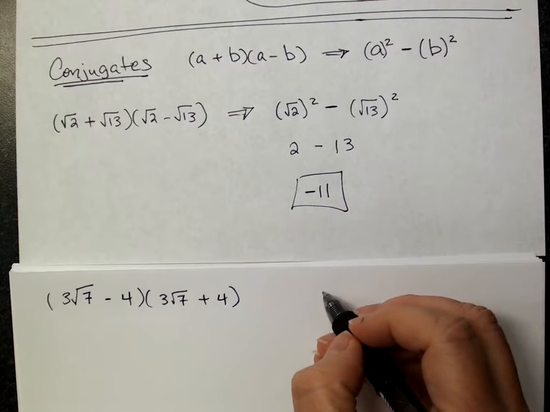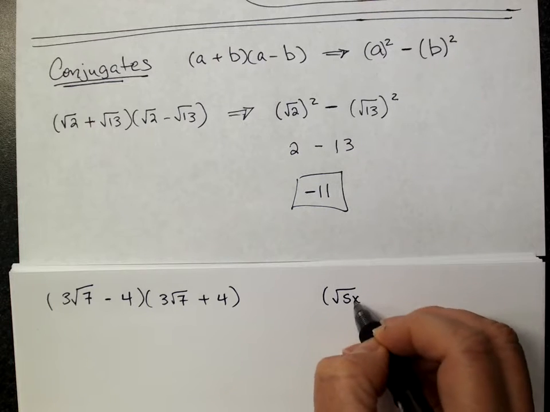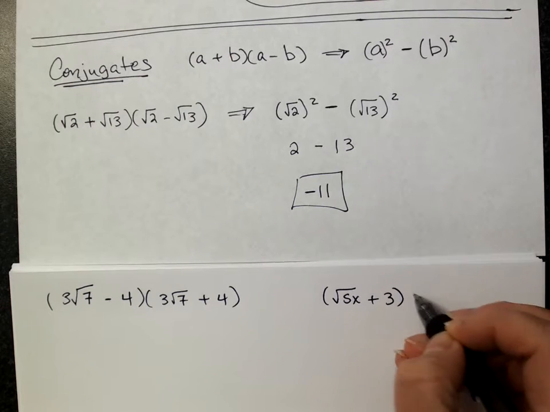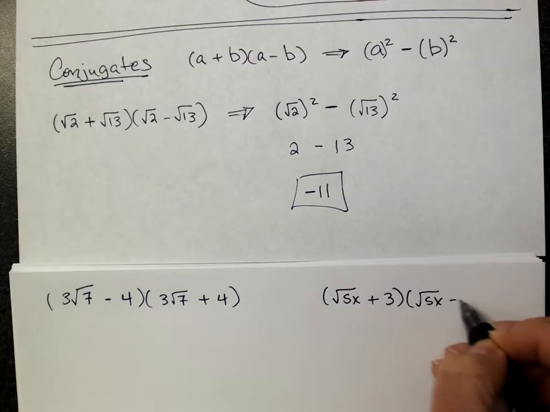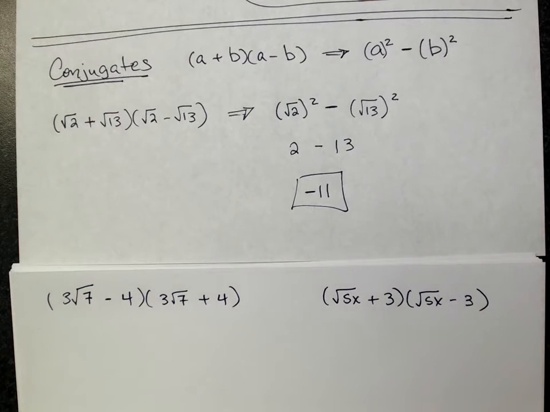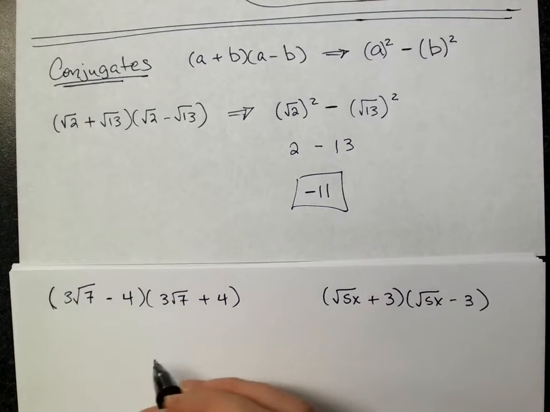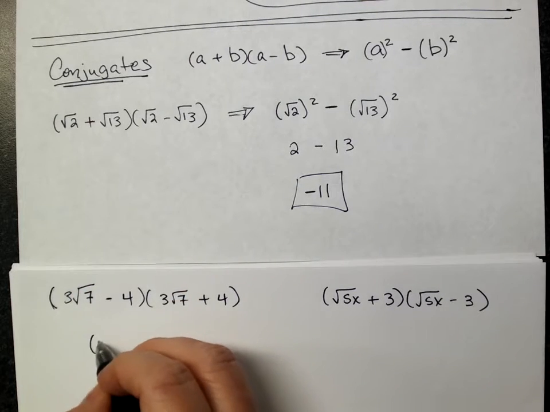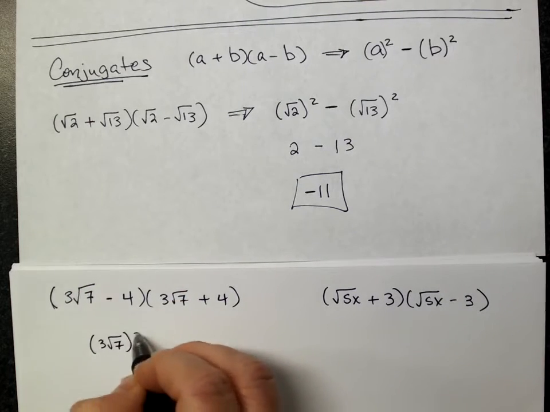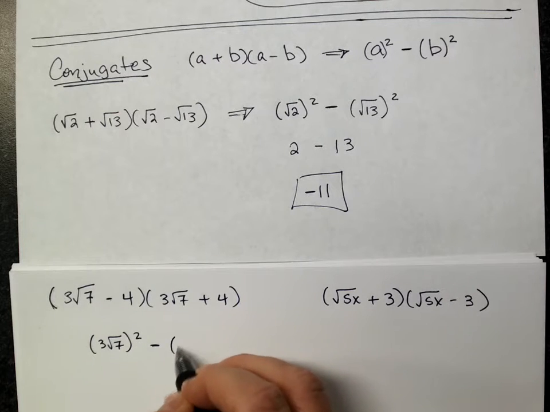We'll also do square root of 5x plus 3, that's square root of 5x minus 3. This one involves some variables. But still, same A, same B, mixed signs, conjugates. Recognize it, and rather than foiling, go straight to first term squared minus second term squared.